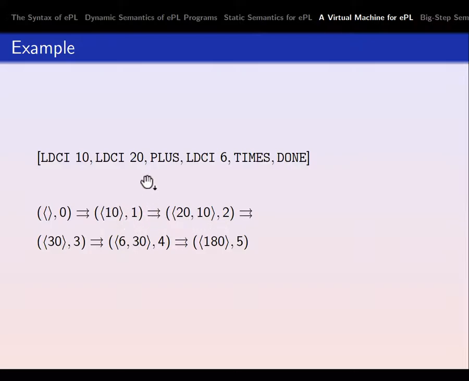Then the plus is going to pop 20 and 10 and push back 30, right? Then we're going to put 6 on the stack. So 6 and 30 are both on the stack. Then we're going to perform times. So we're popping 6 and 30, performing the multiplication, pushing back the result. And then we hit done. And at that point, we are in an end configuration. The value at the top of the stack is 180. That is the result. That clear?